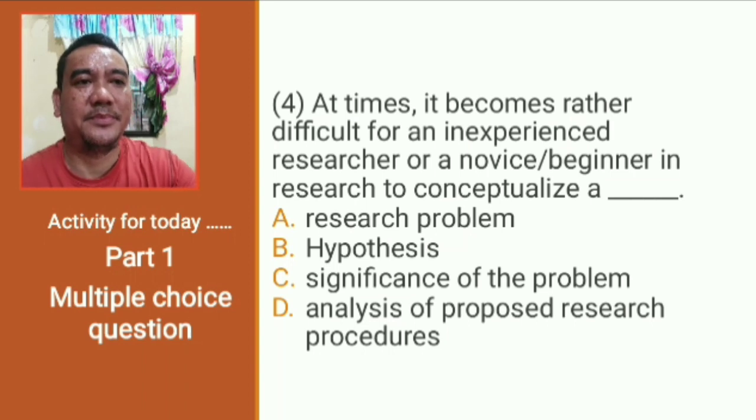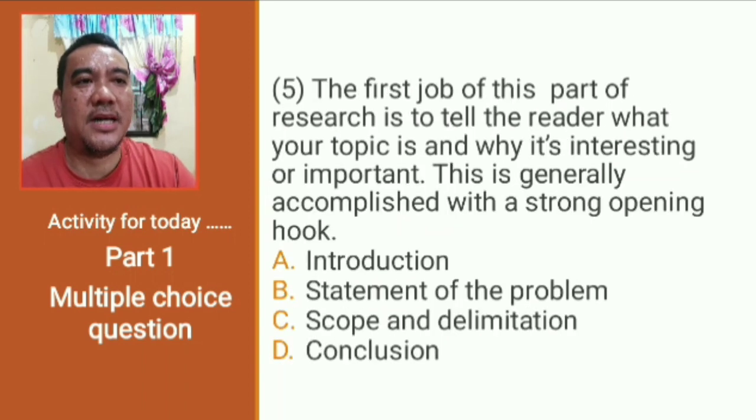Number 5. The first job of this part of research is to tell the reader what your topic is and why it is interesting or important. This is generally accomplished with a strong opening hook. A. Introduction. B. Statement of the problem.